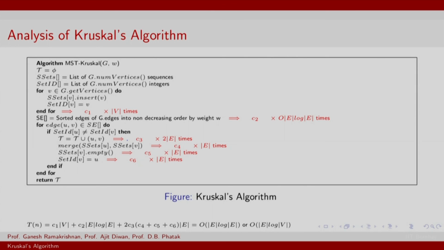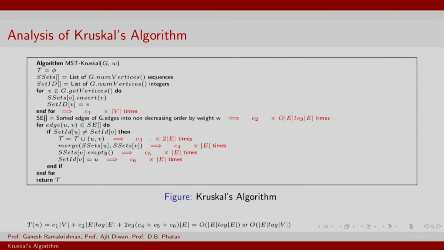And then we are going to iterate over these edges in increasing order of weights. For each edge, we are going to check if the set IDs for the two endpoints of the edge are different. If they are different, we add it to the tree. This basically is an order E operation overall.